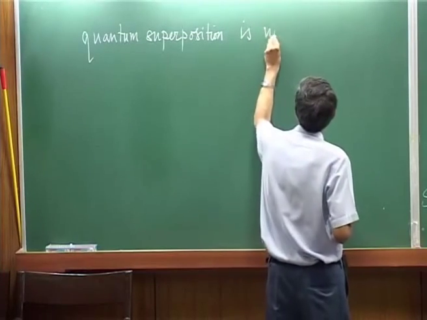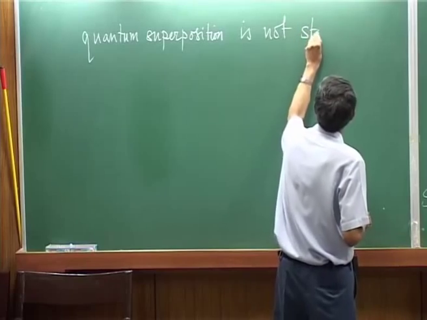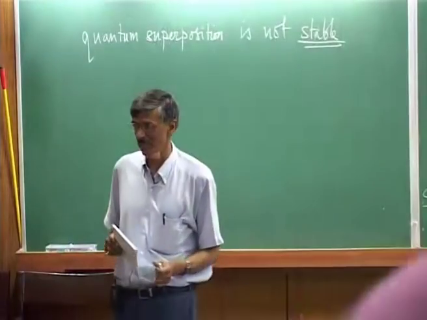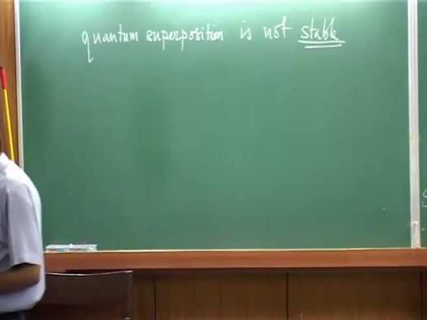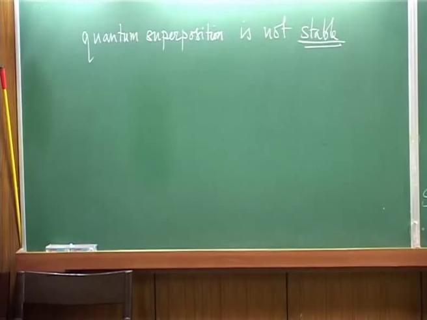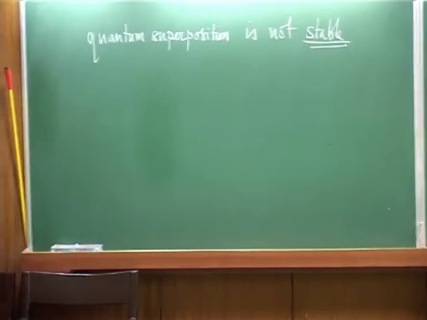It is not stable. This is a major issue, stability of computing. You try to compute something, you would like the system to behave in a stable fashion for quite some time.